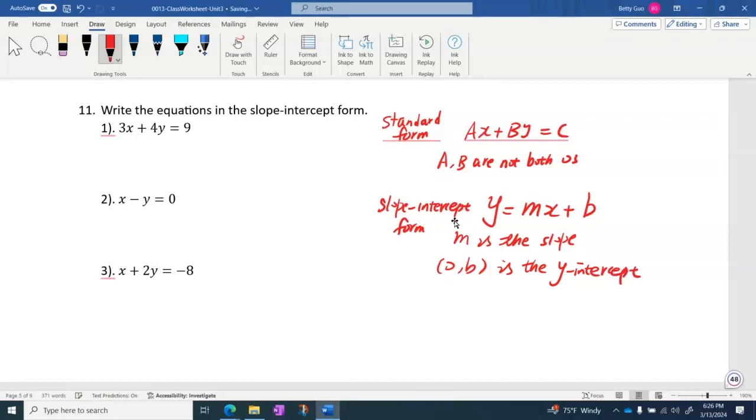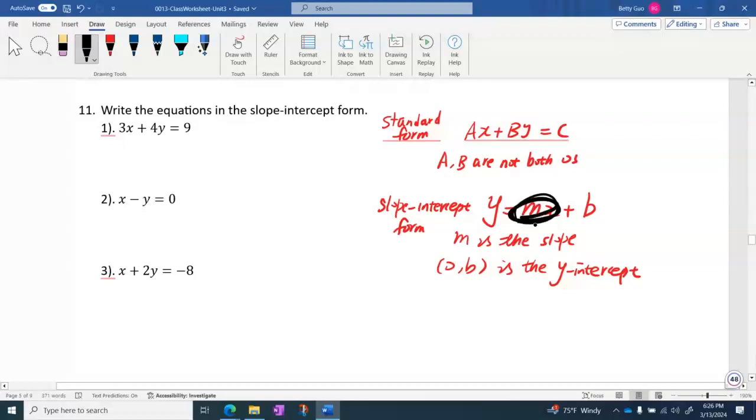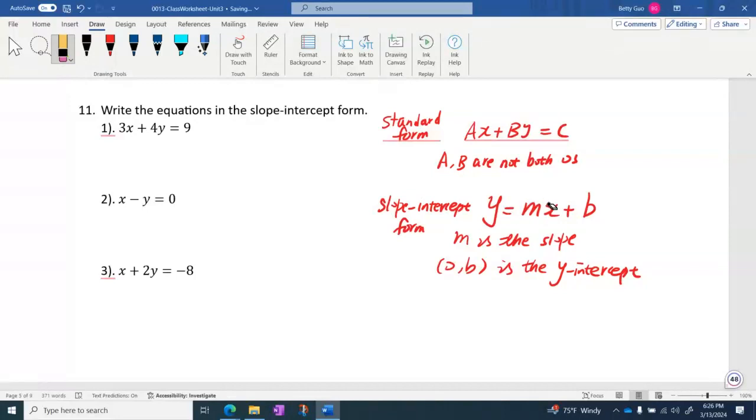How do we know? When we make x be 0, we will have the y-intercept. If we make x be 0, this part disappears and y equals b. So (0, b) is the y-intercept. And the reason m is the slope, I'm not going to prove it, okay?